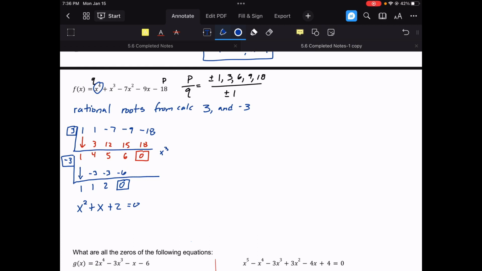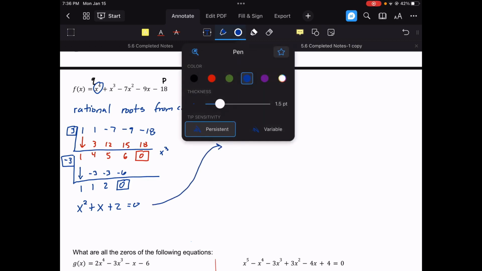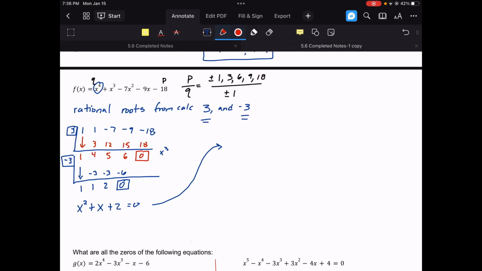So we were able to find two rational roots in the start. Now we're going to use this quadratic to see if we can find two complex or imaginary roots, if that happens to be the case. So to solve this, we're going to use the quadratic formula. x equals negative b, so negative 1, plus or minus the square root of 1 squared minus 4 times 1 times 2, all over 2 times 1.